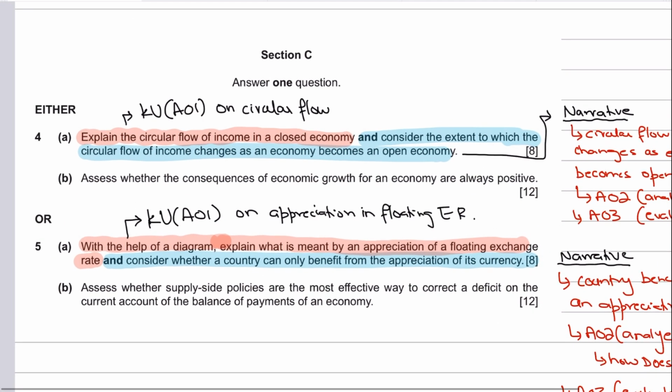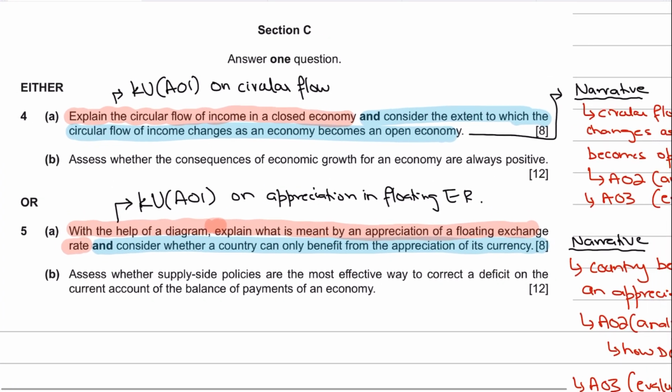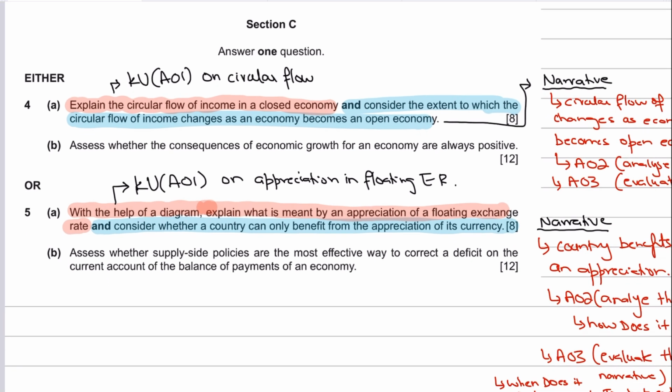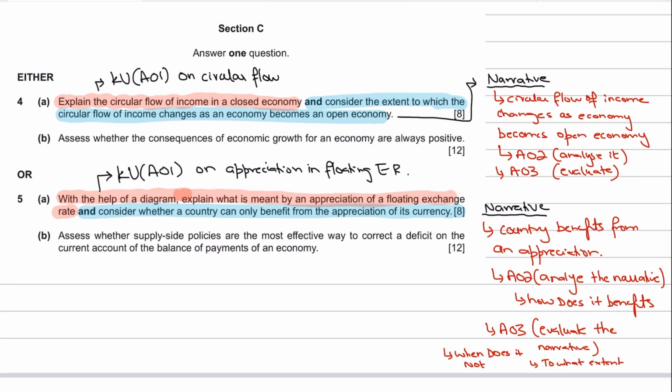The Feb-March question on Section C, macro, talked about explaining the circular flow and considering the extent to which the circular flow changes if the economy becomes an open economy. Explaining what the circular flow is provides knowledge and understanding and is part of assessment objective 1.